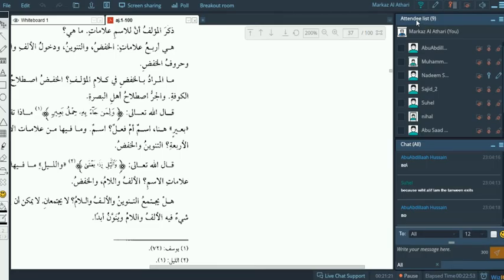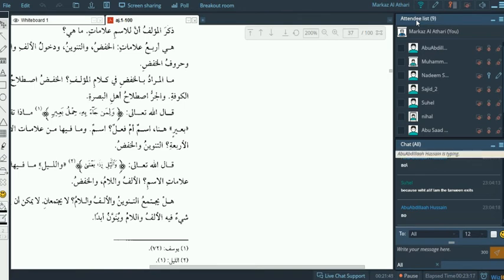The ones amongst you who have studied Arabic elsewhere, for example, Medina Book 1, would recognize in the early part of the book that when alif and lam enters upon a noun, an ism, the first thing that happens is that the tanween of that ism disappears.